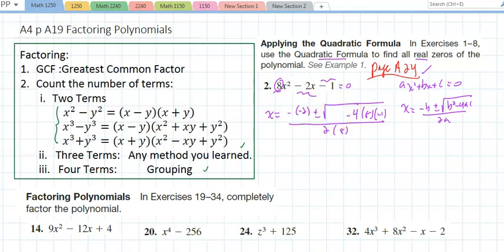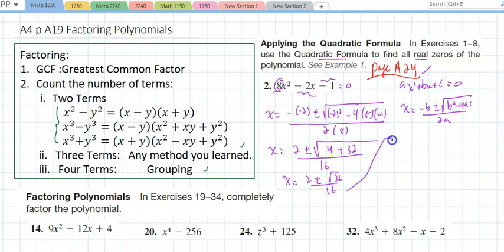Let me just make that look nicer. So x will equal 2 plus or minus the square root of 4. Negative 4 times, so 3 negatives, 2 negatives will give a positive. 4 times 8 is 32. And that would mean x will equal 2 plus or minus the square root of 36 over 16.